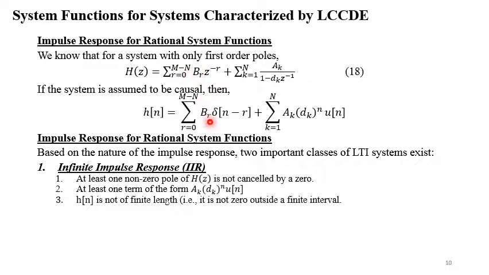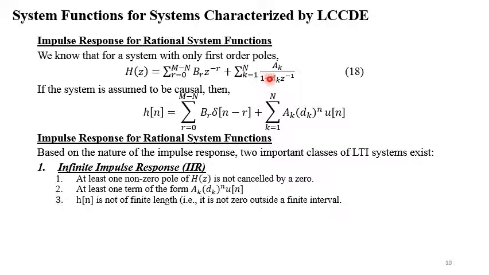So br, and z^(-r) represents the delay, so we can represent it by the impulse delta(n minus r), plus the inverse z of this one will be a summation again, because the z transform holds the property of linearity, but also superposition, because we say a system is linear only if it holds the property of superposition and scaling.